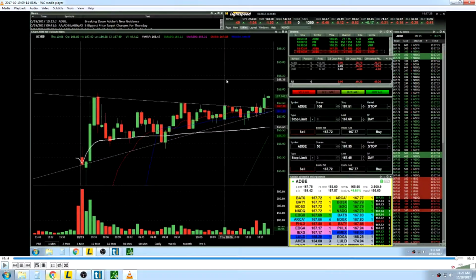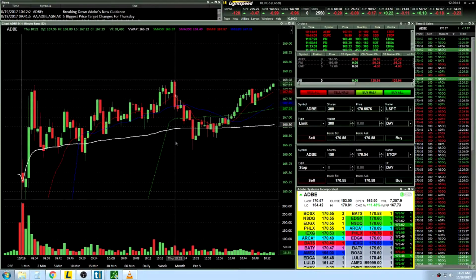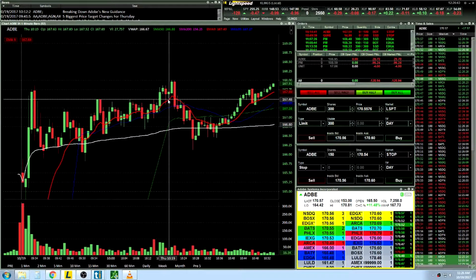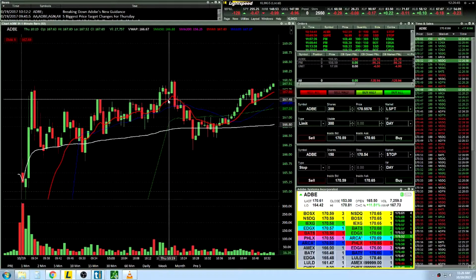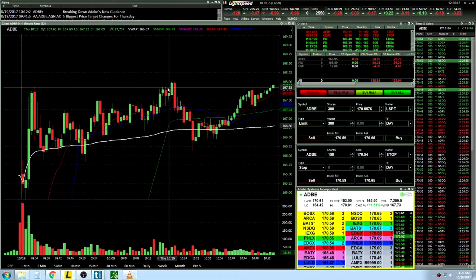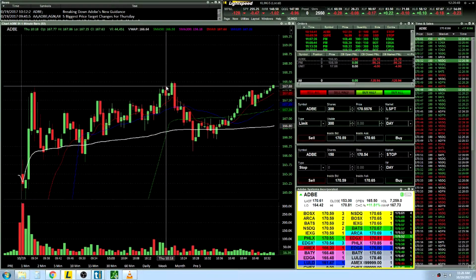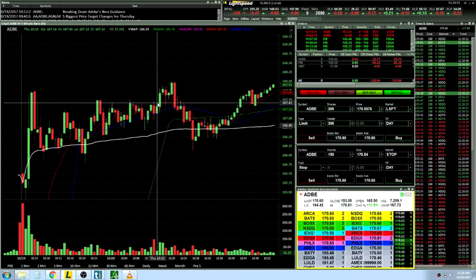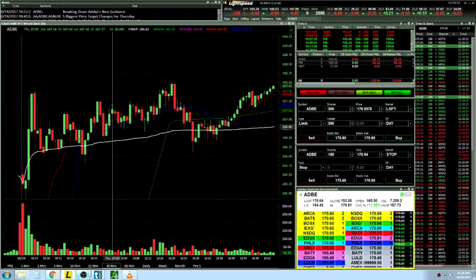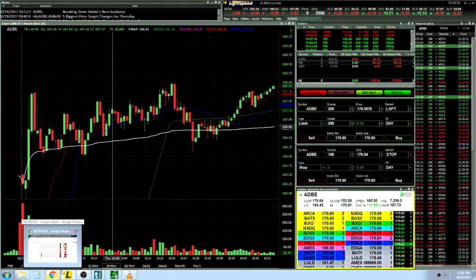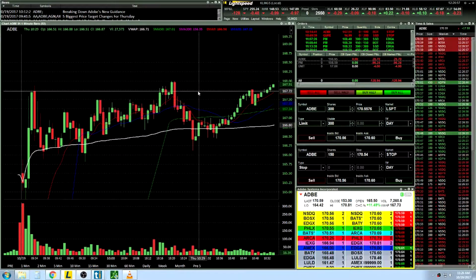You can see it only went up to the whole number and then turned right back around. I wrote my profit target was 170 or 167.80, so pretty much high of the day. That was a really small trade though. That was like a 1-to-1 kind of trade there.